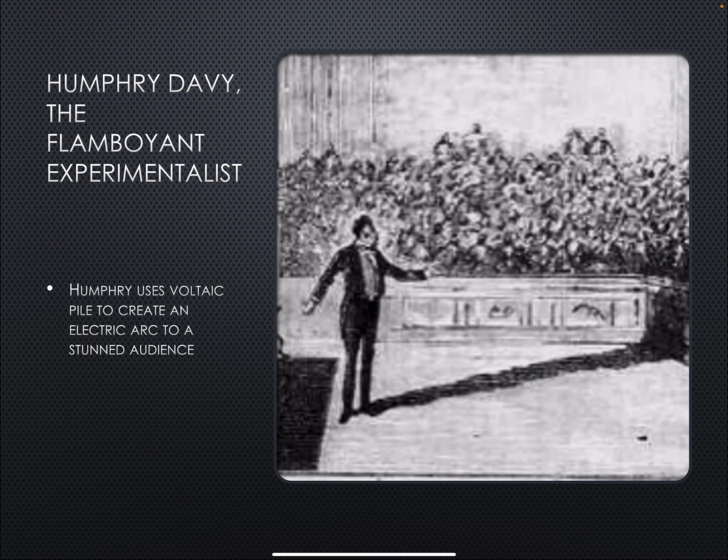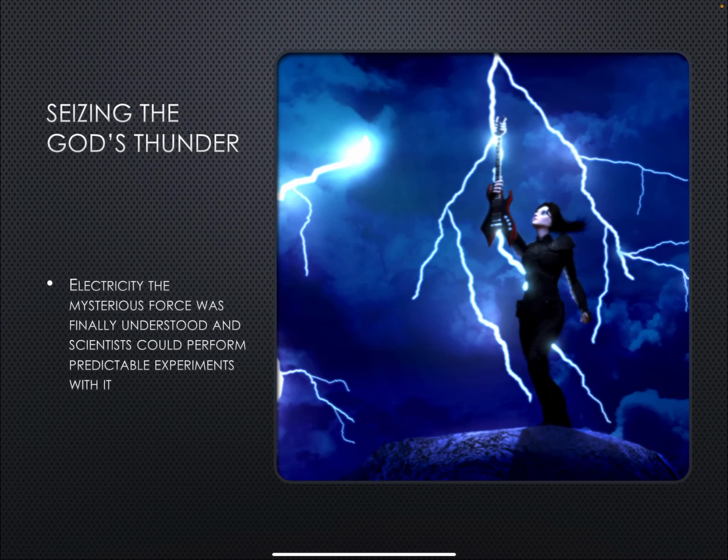So here he could create a thunder inside a lab, inside a room. So finally, electricity, thunder, which were seen as an act of God, was fully understood, and they could even create it inside the lab itself. What man had finally done is to seize God's thunder itself.